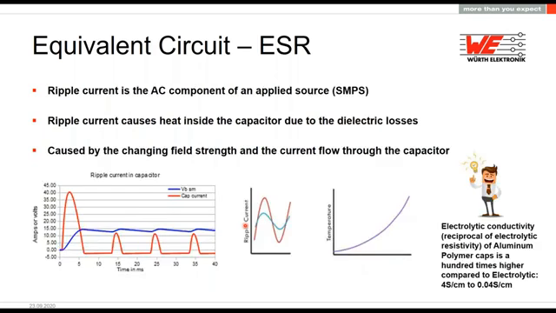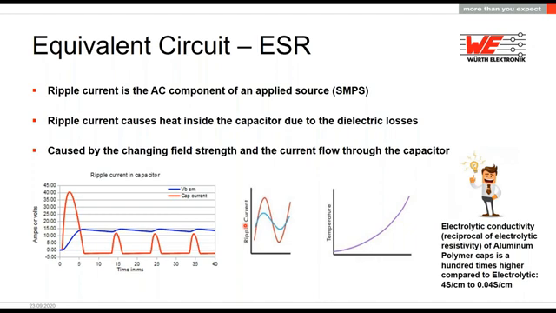When we are applying ripple current as a kind of AC from our switch-mode power supply or something, the ripple current causes heat inside the capacitor due to the ohmic resistance and the dielectric losses. And it's caused by the changing field strength in the current which flows through a capacitor. We can achieve a low ESR when we change the electrolyte.